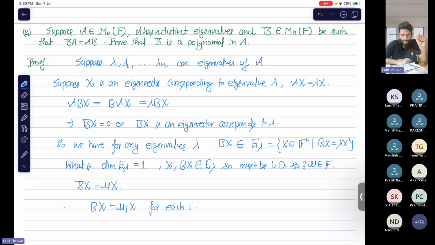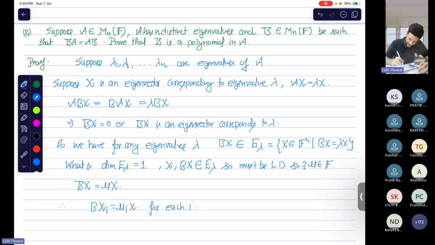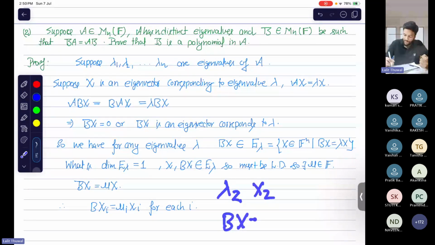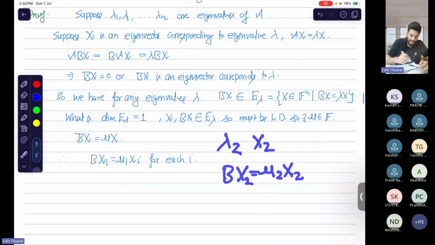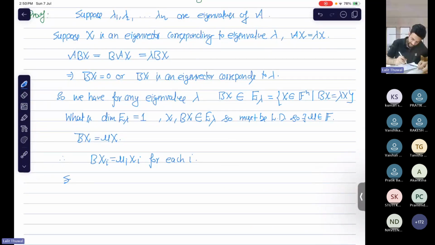If you have eigenvalue lambda 2, then you will get a mu 2, and you denote the eigenvector corresponding to lambda 2 by x2. What I have proved is that you will get a mu 2 such that Bx2 equals mu 2 x2, right?